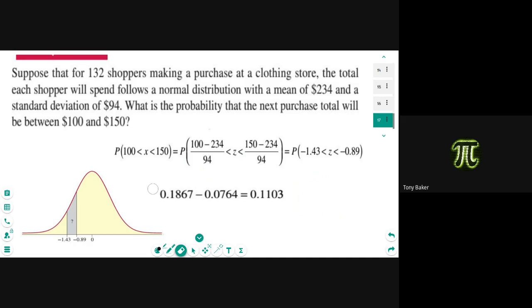The probability for negative 0.89 should have been 0.1867, and negative 1.43 is 0.0764. Subtract those two. So the probability that your next purchase will total between $100 and $150 is 0.1103 or 11.03%.